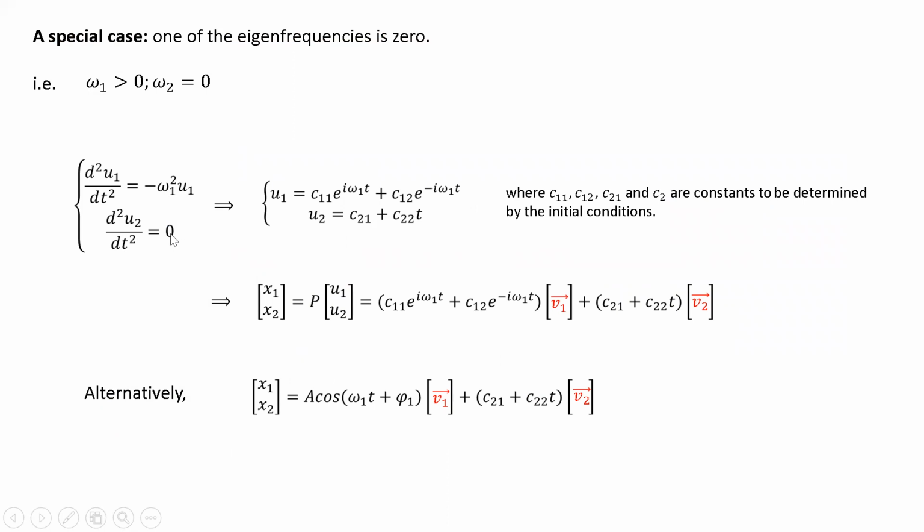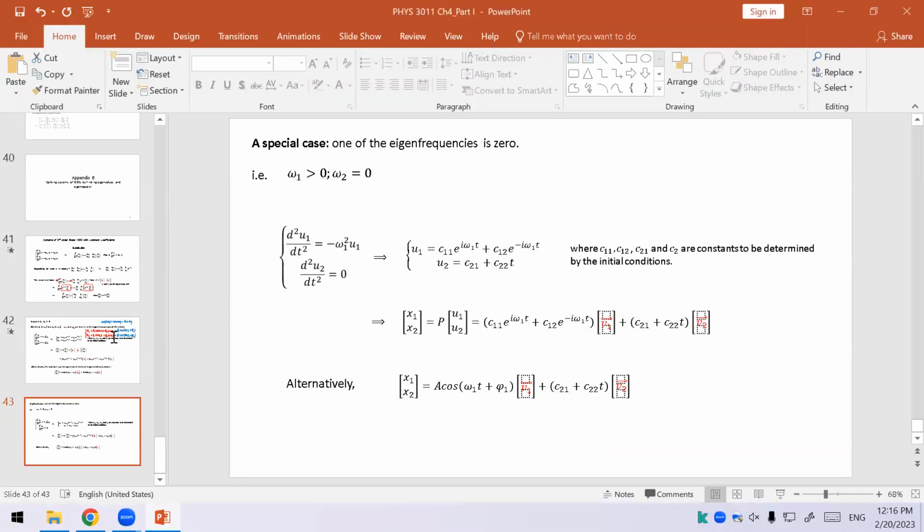So in this case, the solution is just a linear function in time, instead of sine, cosine. Therefore, your general solution would be: this eigenvector comes with this cosine function, plus the other eigenvector comes with this linear function in time.